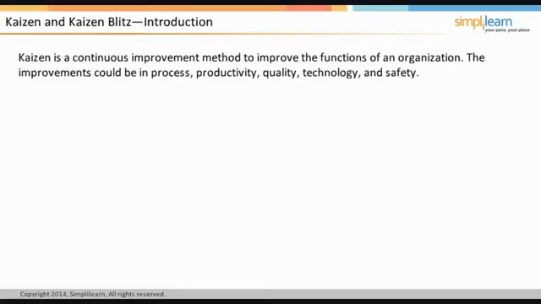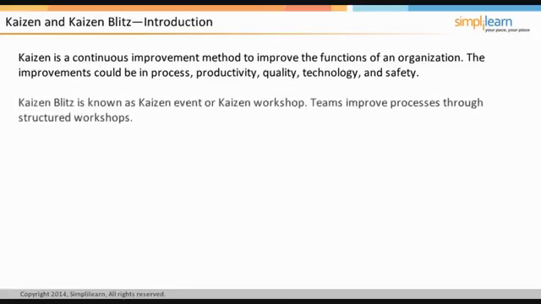Kaizen means good change in Japanese. Kaizen is a continuous improvement method to improve the functions of an organization. The improvements could be in process, productivity, quality, technology, and safety. It brings in small incremental changes to the process. Kaizen Blitz is known as Kaizen Event or Kaizen Workshop.